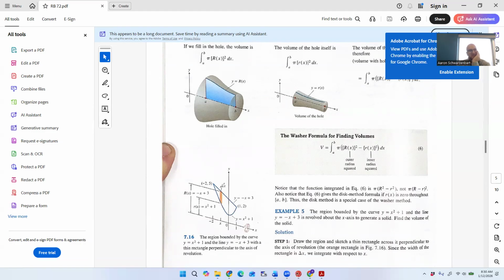Okay? Does that make sense? So this is upper. This is lower.